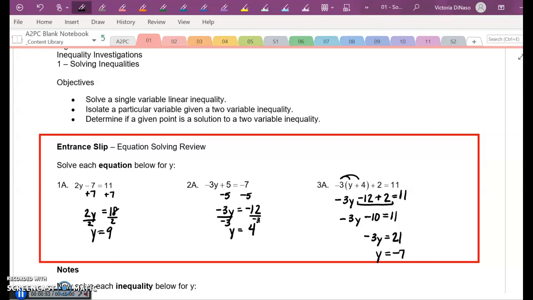Make sure that you're distributing the negative 3 also to the positive 4 to get that negative 12. I'm going to combine negative 12 plus 2, and we're going to get negative 3y minus 10 equals 11. Add 10 to each side, and then divide by negative 3 to get that y equals negative 7.